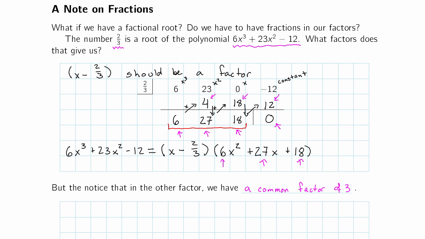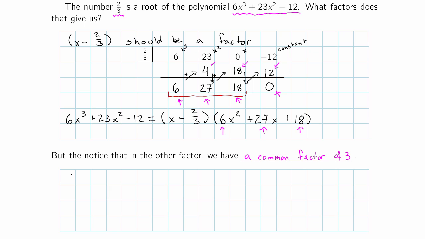So we needed each of those coefficients in the other factor to be a multiple of 3. Watch what happens when we factor out that 3. So our 6x squared plus 27x plus 18 is equal to 3 times 2x squared plus 9x plus 6.